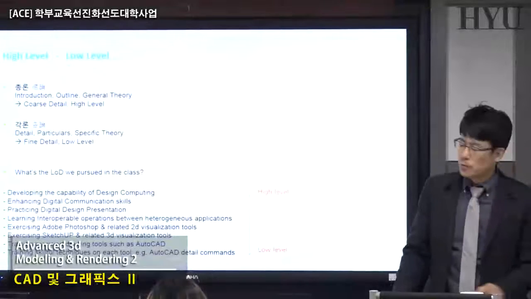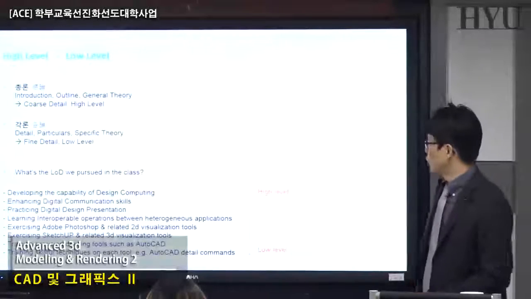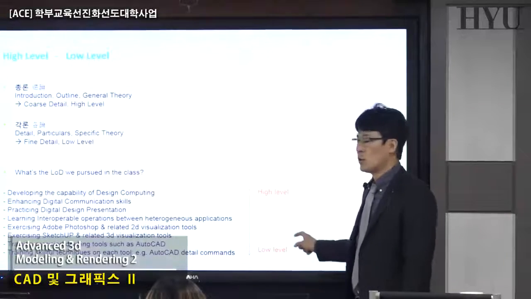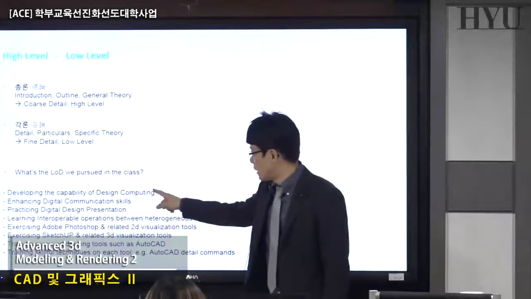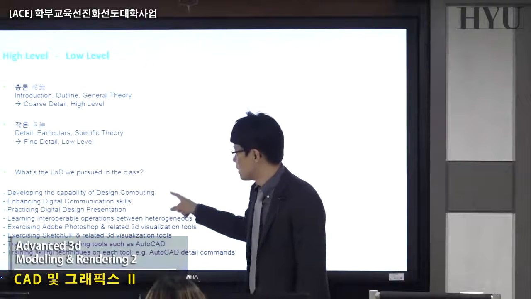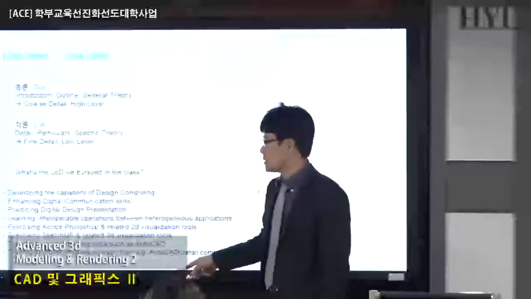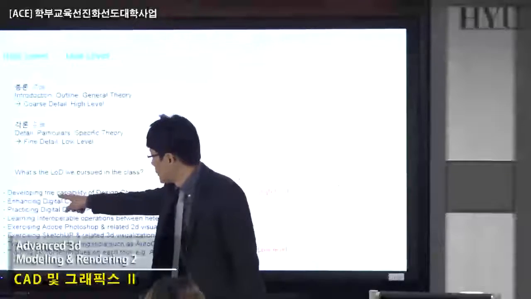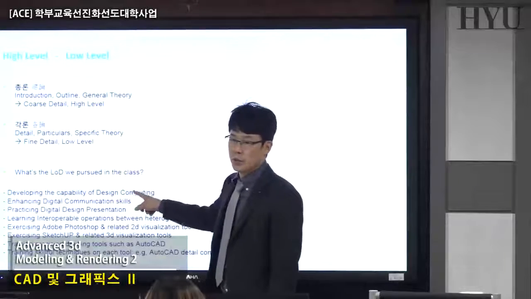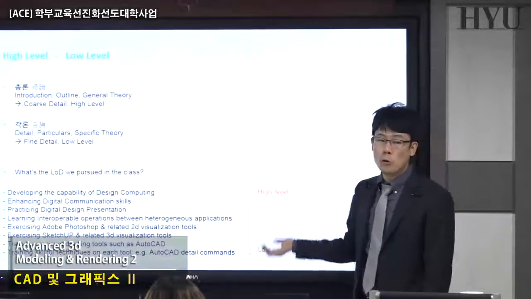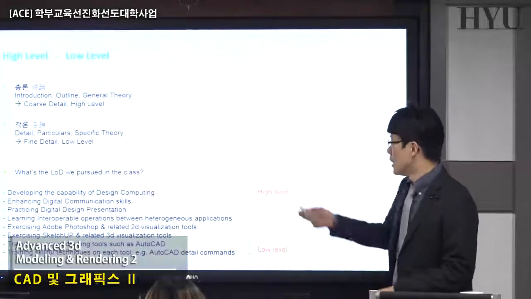In terms of our class topics, we can divide them into higher level and lower level, the highest level and the lowest level things. Let's take a look at developing the capability of design computing, a very rough, coarse description.